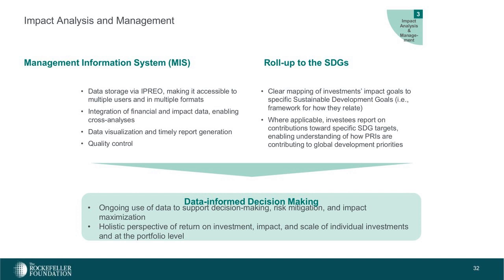There's no place to keep the data, and so we're making sure that we have established a data repository, data capture system through an MIS to capture the data, and then to make sure that we're able to do the roll-up to the SDGs that I spoke to earlier. And all the pieces, all the nuts and bolts as they're coming in, help us as an organization to make data-informed decisions and to adaptively manage our work.